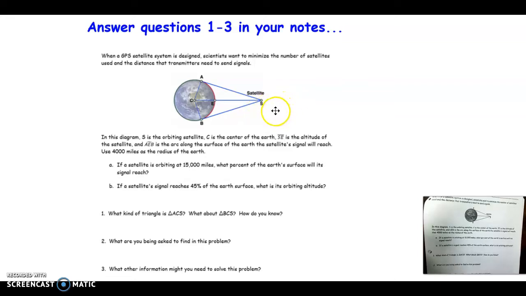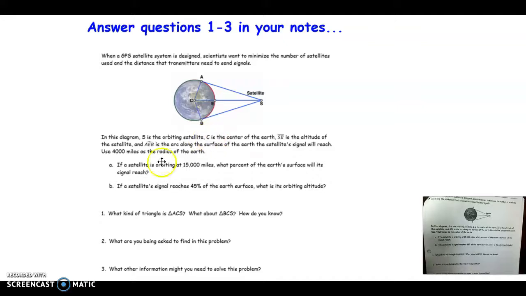In this diagram, S is the orbiting satellite, C is the center of the Earth, and SE is the altitude of the satellite, so that represents its height from the Earth. Arc AEB is the arc along the surface of the Earth that the satellite signal would reach. So we know this is the area of the Earth that the signal would reach. We're using 4,000 miles as the radius of the Earth.